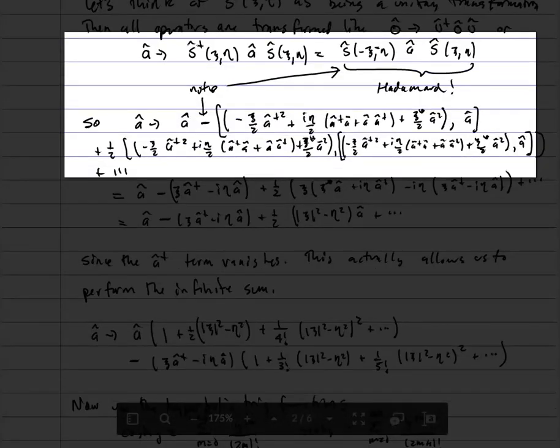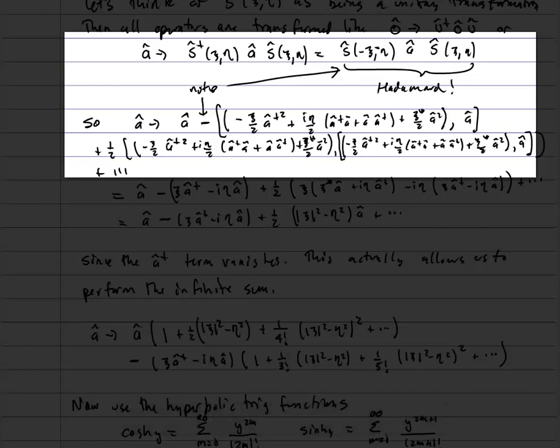This is a situation where the Hadamard is not going to truncate at a single or a few terms, but what we are going to find is that the Hadamard gives us a pattern that repeats. So let's go ahead and calculate that first commutator. I have to put that exponent of the squeezing operator and take the commutator with a. Of course, a commutes with a, so it's only the a dagger terms that are not going to commute with the a operator.